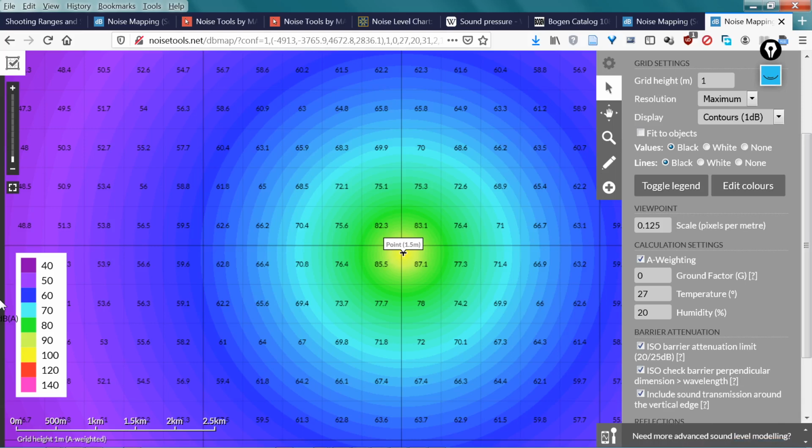It's an arbitrary scale applied by man to sound, and we use it because it's a convenient way of dealing with things. If I had to deal with the absolute pressure of sound, we'd be talking about pascals or newtons per meter squared or pounds per square foot or something like that.